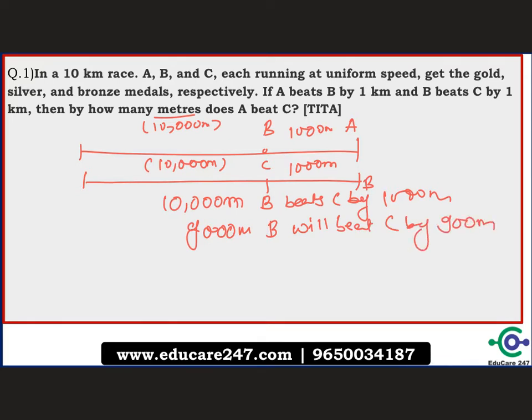Just applying the unitary method, we know this. So when B is over here, B has covered 9,000 meters. A has already reached over here, so C will be over here where this distance is 900 meters. Hence the distance by which A would have beaten C is 1900 meters, and that is your answer. This is the answer that you should input in the box, since this is a TITA question.